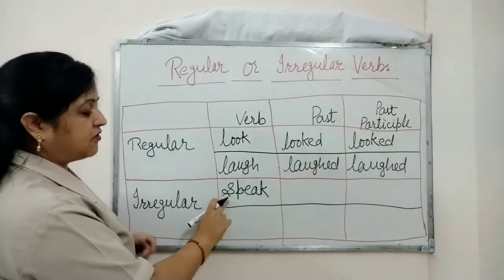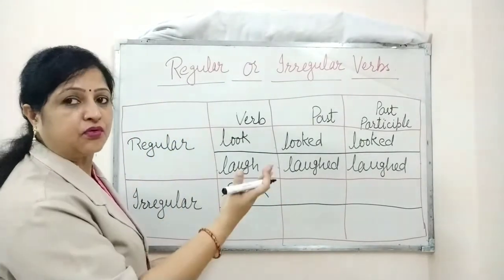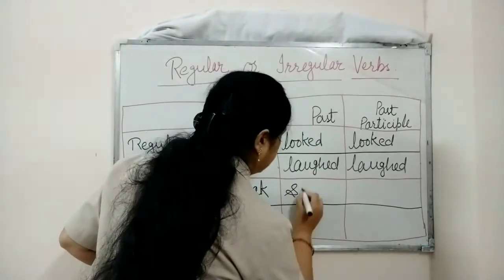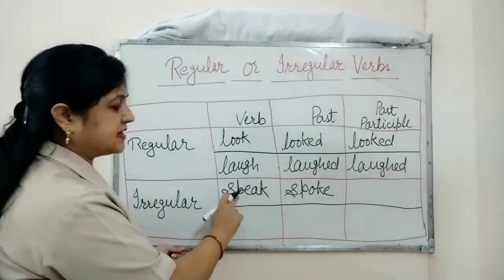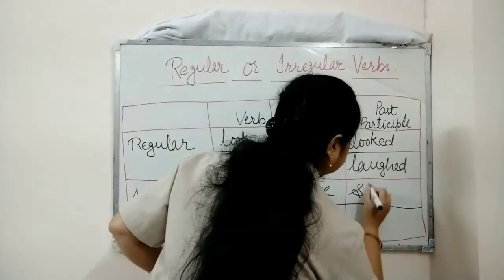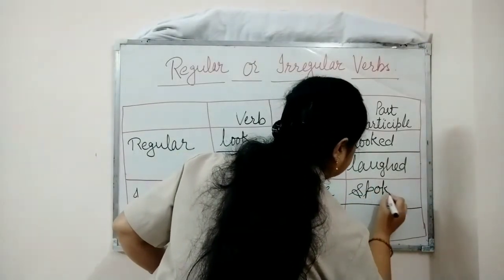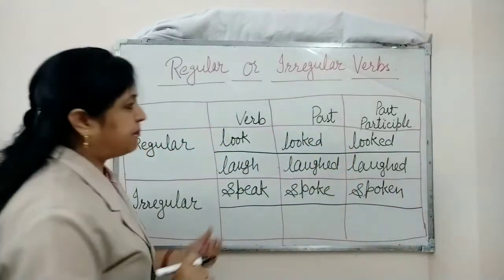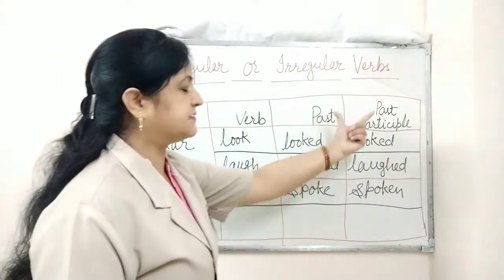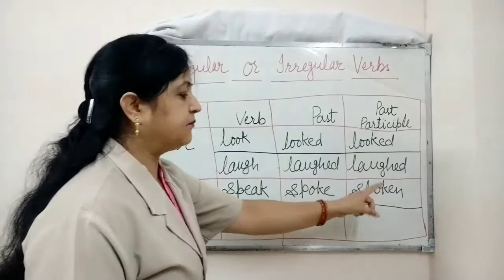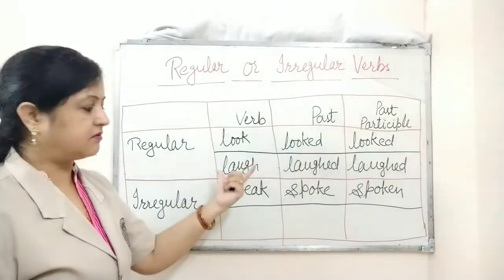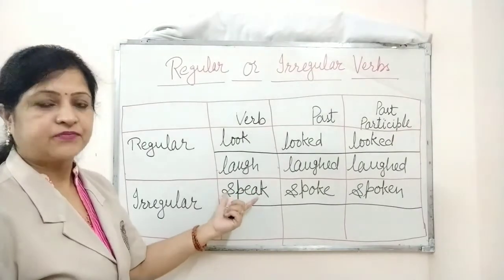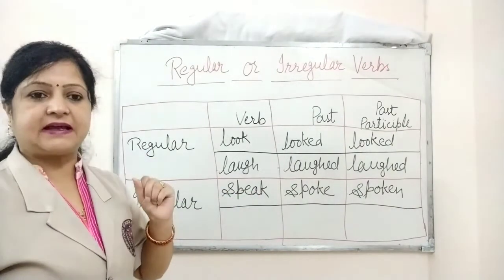Now the past form of speak is spoke, and the past participle form of speak is spoken. So here we can see that both the past form and past participle form are different from the main form.